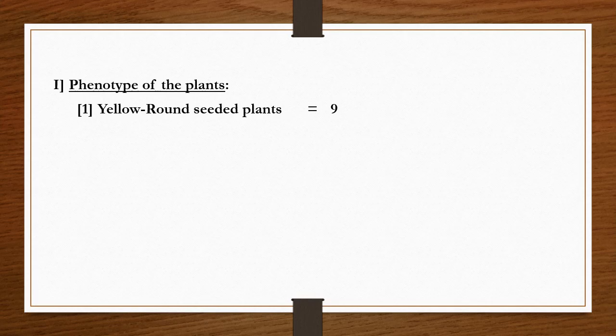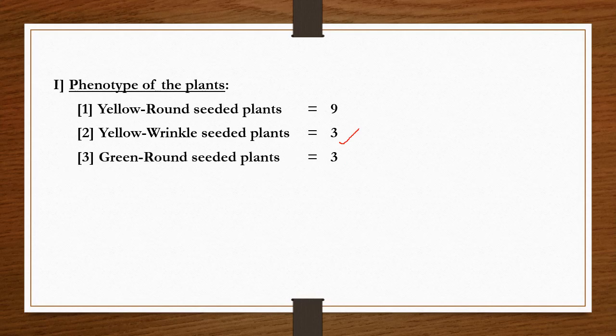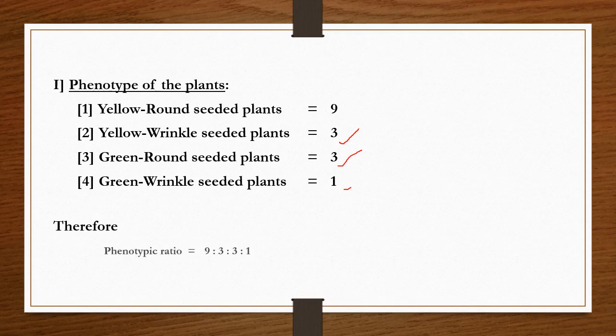That is 9 plants are yellow round seeded plants and 3 are yellow wrinkled seeded plants, green round seeded plants are 3 and green wrinkled seeded plants are 1. Therefore the total phenotypic ratio is 9 is to 3 is to 3 is to 1. So this represents the dihybrid cross.